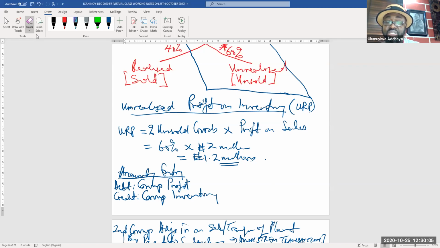Who sold the goods here is the subsidiary. Who made that profit is the subsidiary, which means included in the profit of the subsidiary is this 2 million naira. And we are saying that out of the 2 million naira, 1.2 million naira is not realized. And don't forget, the subsidiary will have shared this profit to the shareholders, which are the parent and the NCI. Now, we want to retrieve back the 1.2.